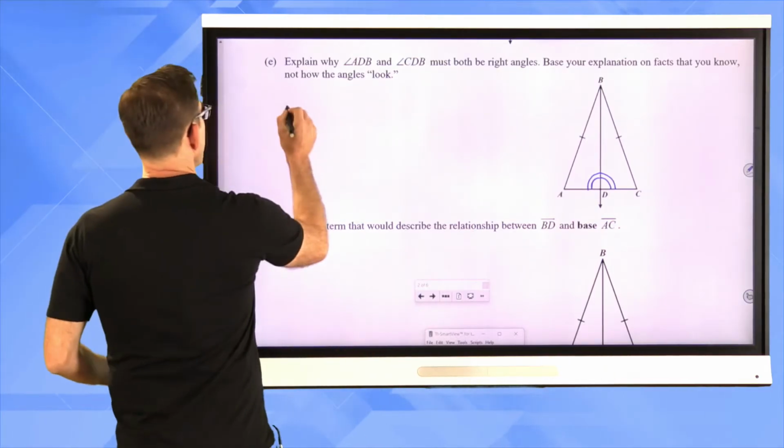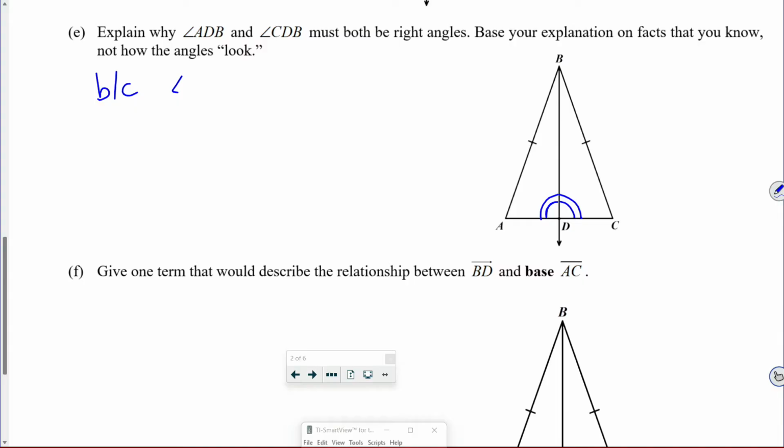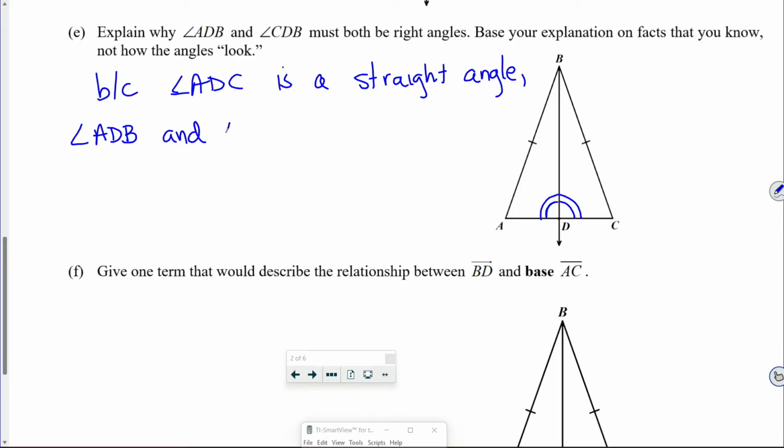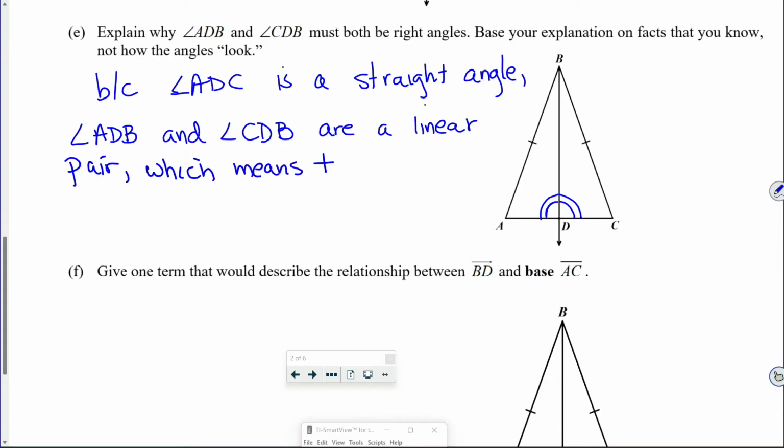So because angle ADC is a straight angle, that means angle ADB and angle CDB are a linear pair. And of course, what do we know about linear pairs? It means they are supplementary.